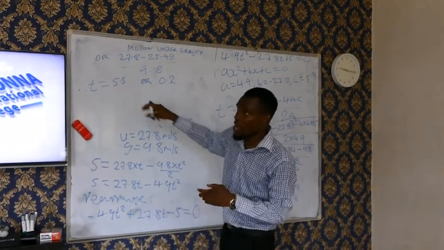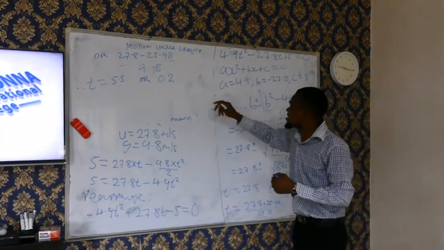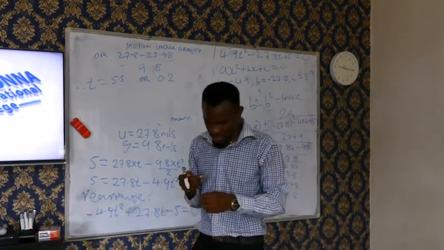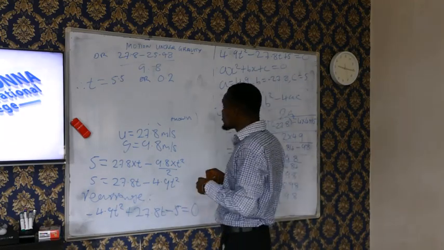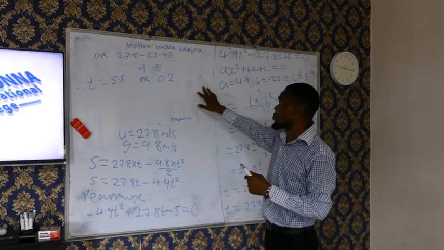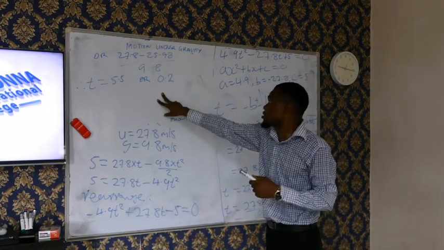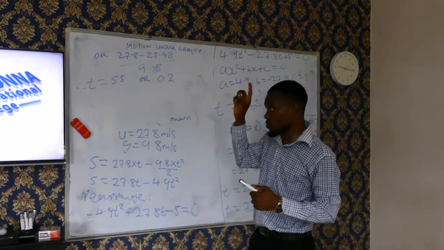Which is why, remember I told you that the question said you should look for the times. It didn't say time. Some of you will be quick to solve just one t. Look for times. The examiner already knows that it is not just a particular time. He knew that already before asking you.